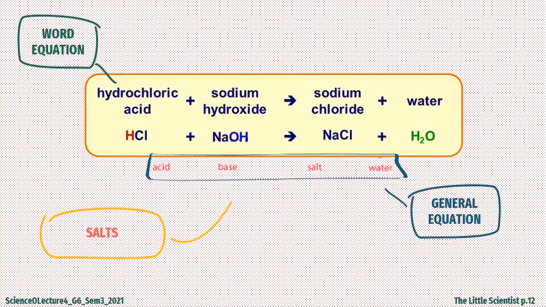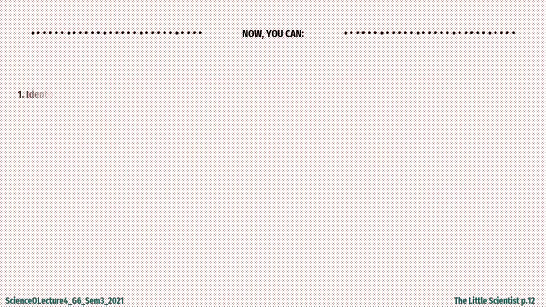This is the word equation of an example of a neutralization reaction, where hydrochloric acid reacts with sodium hydroxide to give sodium chloride, which is a salt, and some water molecules. Here is the chemical equation where we use the symbols of the compounds. And this is it. Compounds can be acids, bases, or salts.